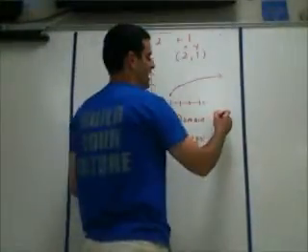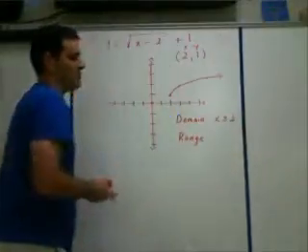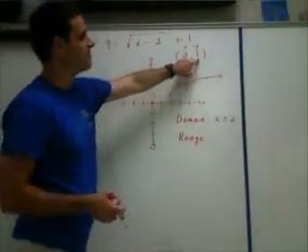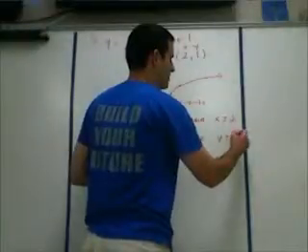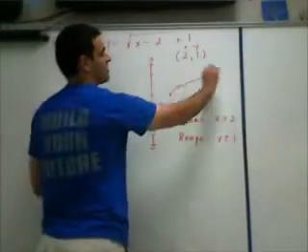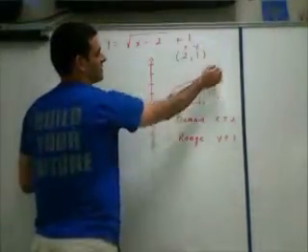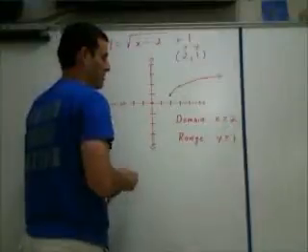So I can say my domain here is x greater than or equal to 2. My range, that's all the y values covered, so we go with a 1. It's going to be all y values greater than or equal to 1. 2 or greater, all the x is covered, that's my domain. 1 and greater, that's all my y values covered, as you can see here on the graph.